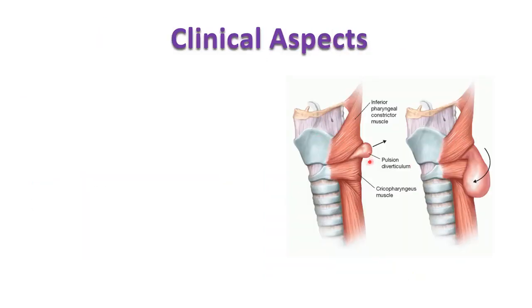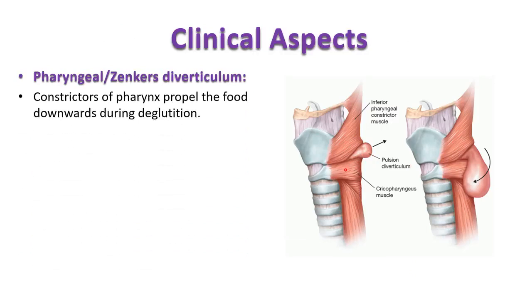So, clinical aspects. I told you this is a weak area called Killian's dehiscence. Now, in certain cases, what happens when there is a neuromuscular incoordination? Food, through propulsion, enters the thyropharyngeus part. When the thyropharyngeus contracts, the cricopharyngeus, which is usually kept closed, has to relax and allow the food into the esophagus.